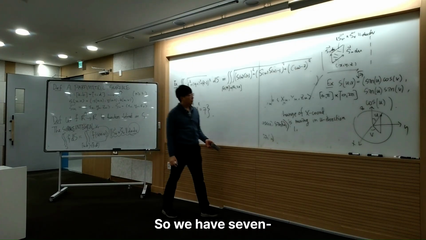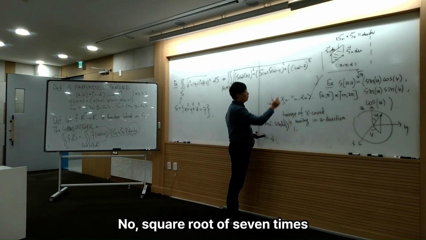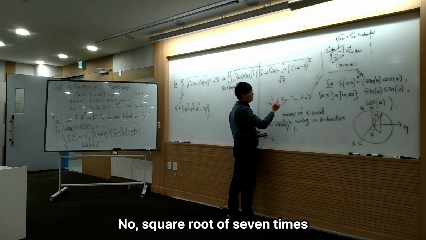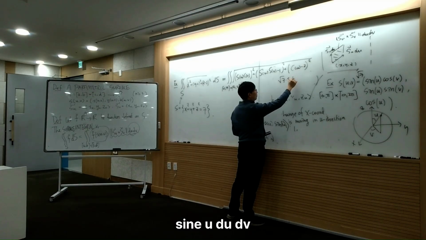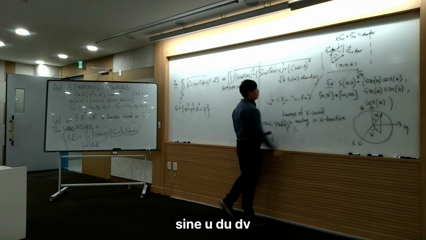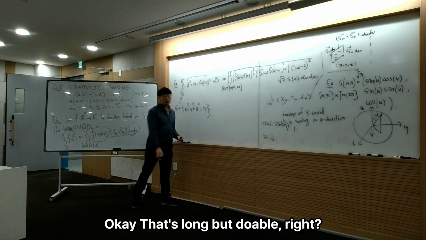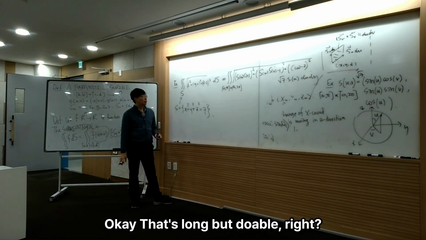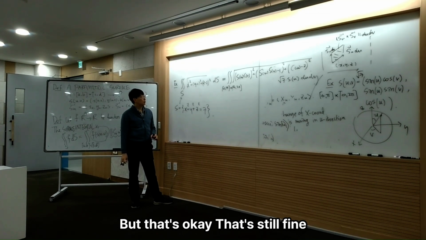So we have square root of 7 times sine u du dv. It's long but doable, right? But that's still fine.